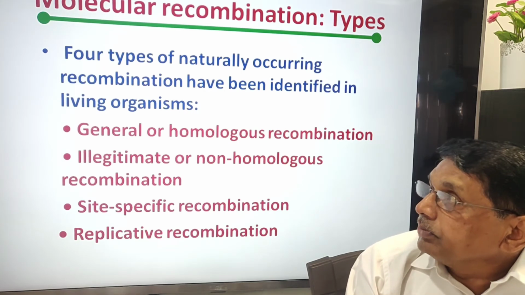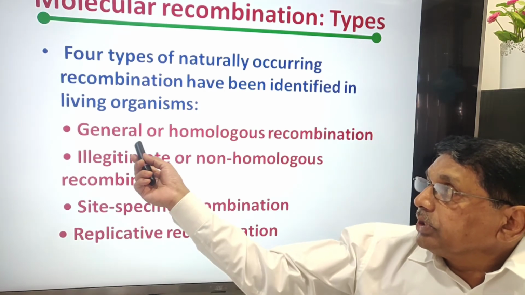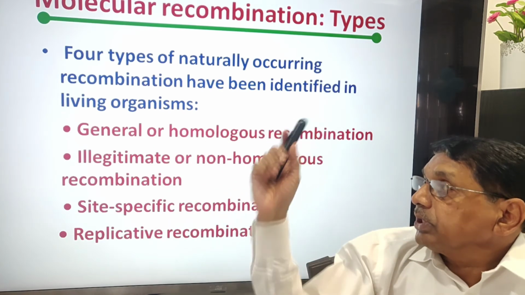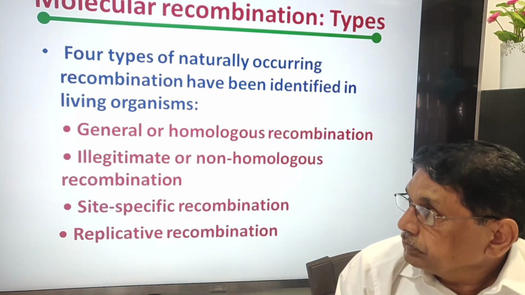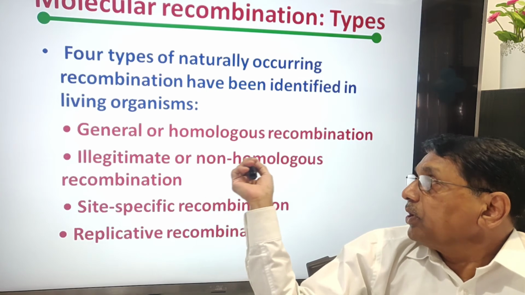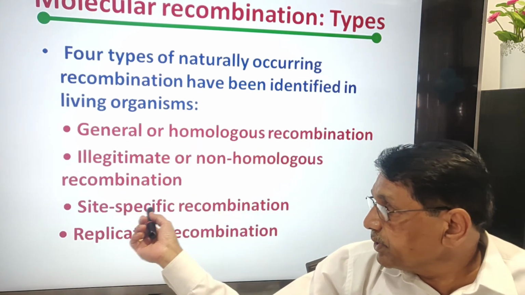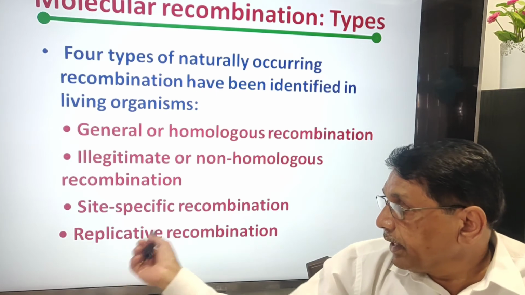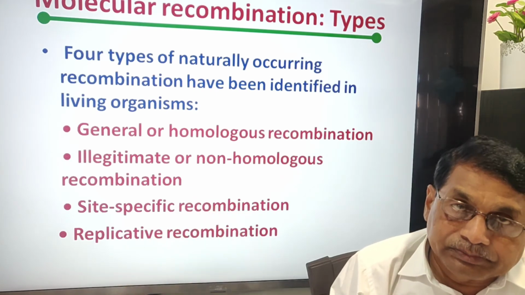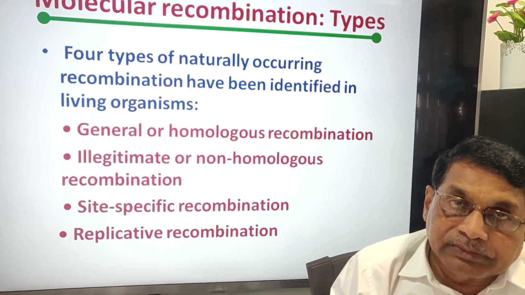There are 4 types: general or homologous recombination, illegitimate or non-homologous recombination, site-specific recombination, and replicative recombination. These are different.